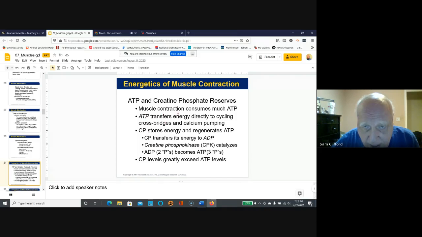The ATP energizes the myosin head, so contraction has to have ATP. A bridge is formed between the myosin head and the actin, with calcium exposing the binding sites for the myosin head on the actin. Creatine phosphate is another source of energy used by muscles to contribute to the total contraction of muscles.